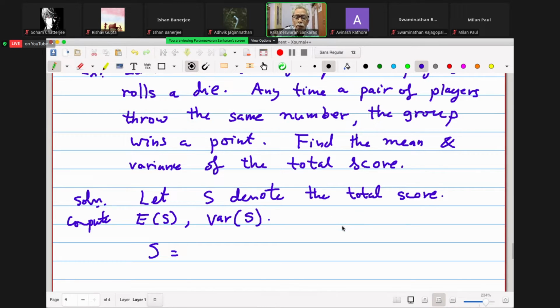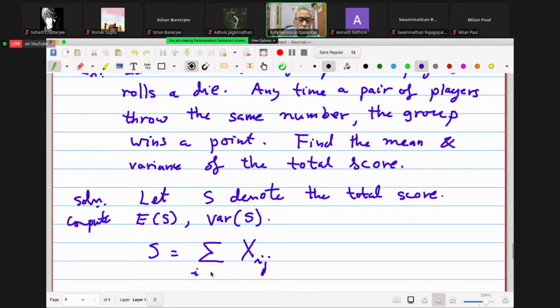So if the players are numbered 1, 2, 3 up to n, let Xij be the contribution to the total score for the game. So S is equal to the sum of Xij.